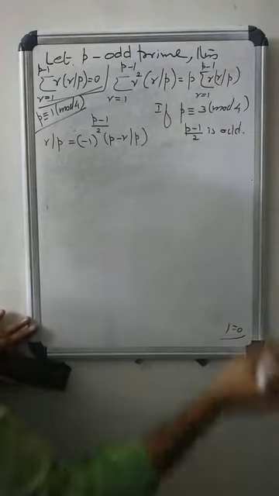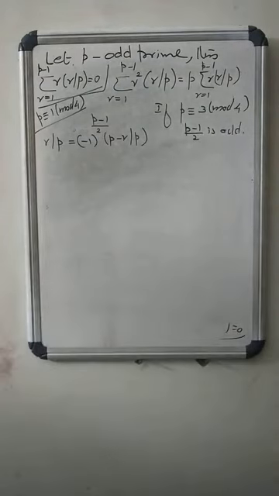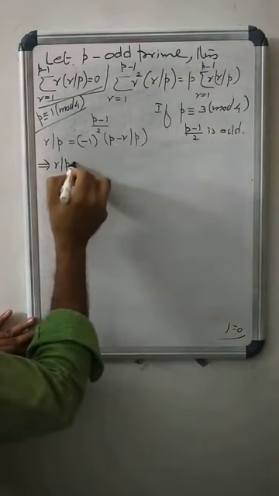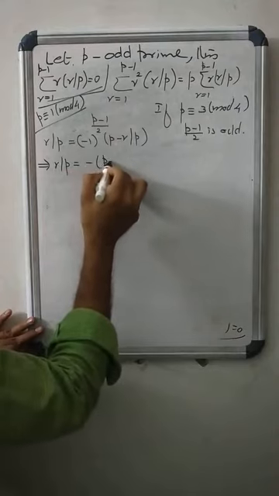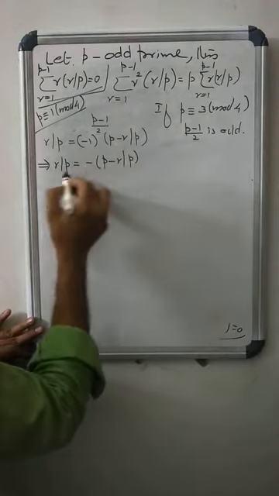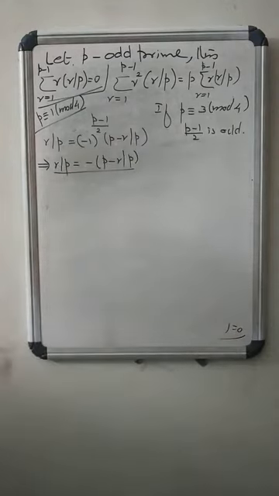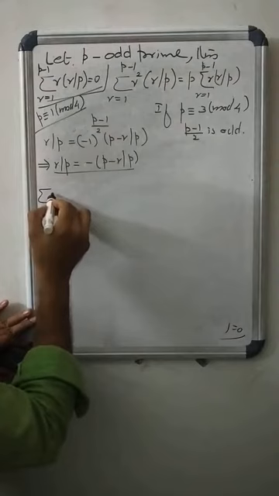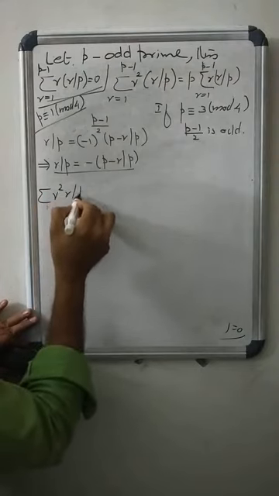So r by p equals minus of p minus r by p. Agreed?